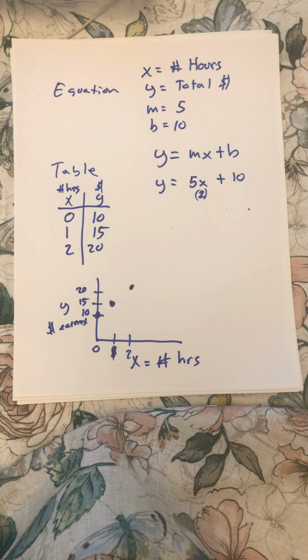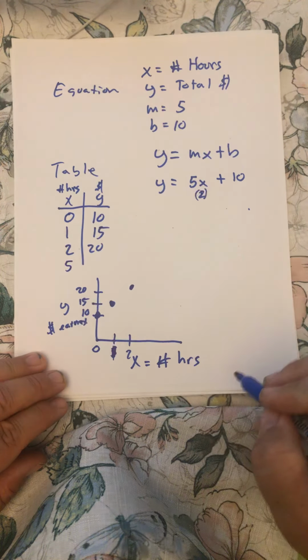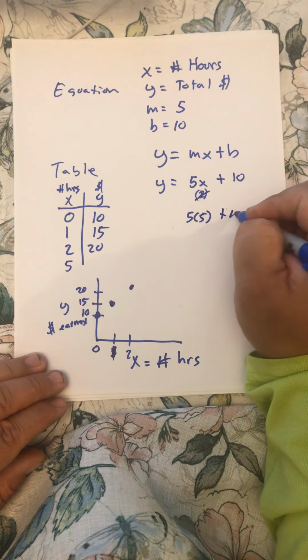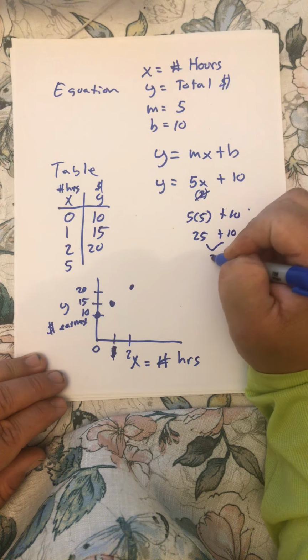But let's just say, Joe's like, God, I had to mow this big park, and it's going to take me like at least 5-6 hours. So he just wants to guess. He wants to get kind of an estimate about how much he's going to make if he has to work like 5 hours. So then he could put a 5 in, and then I can just go up here and put 5 times 5 plus 10, 25 plus 10, add those together.